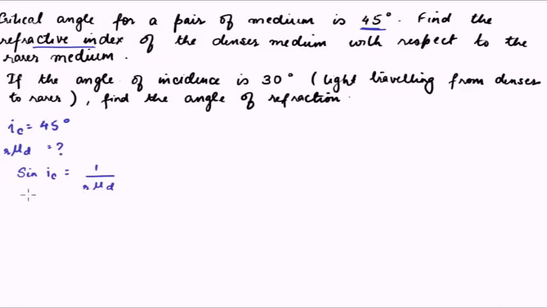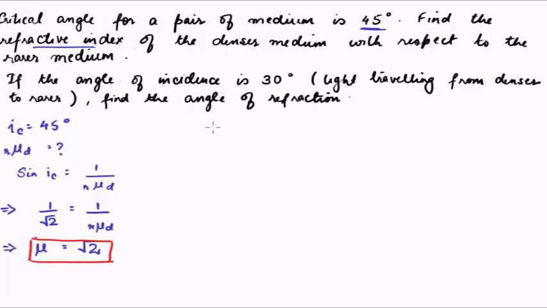If we replace it, we get sine of 45 degrees, which is 1 upon root 2, is 1 upon the refractive index of denser with respect to rarer, and ultimately this means the refractive index of denser with respect to the rarer medium is root 2. So we have found the first part, that is the refractive index of the denser medium with respect to the rarer medium.